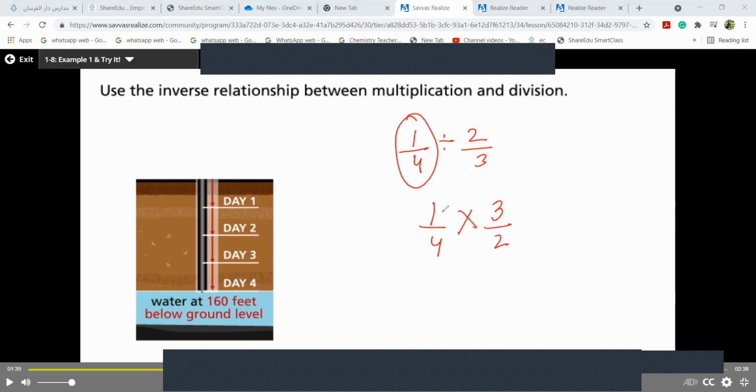Write down the first fraction the same, change the division to multiplication, and flip the second fraction. Rita, even you know about it? Great, she has good math basics. Leen, Malak and Ghalia, you remember this? This is called the inverse relation.